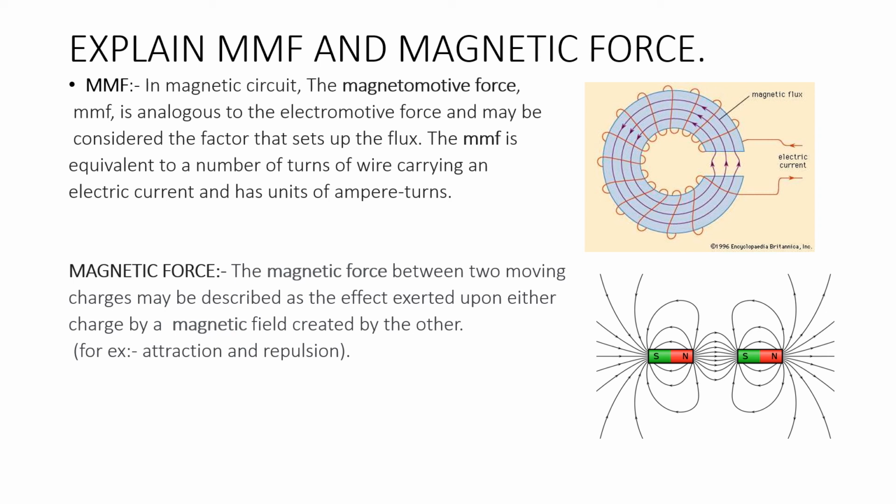Now what is a magnetic force? Magnetic force between two moving charges may be described as the effect exerted upon either charge by a magnetic field created by the other. From the figure we have two magnets. It can be a permanent magnet or it can be a temporary magnet.